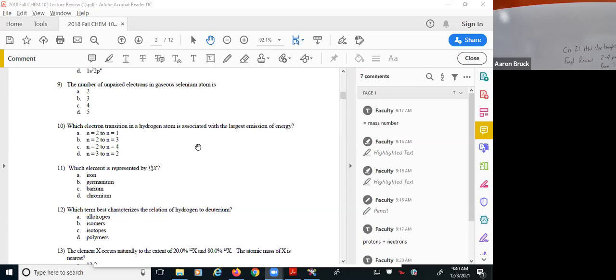We're talking about allotropes versus isotopes here. Now we've dealt with both. Does anybody remember what an allotrope is? Think about the sulfur lab. Remember the sulfur lab, we dealt with 3 different forms.